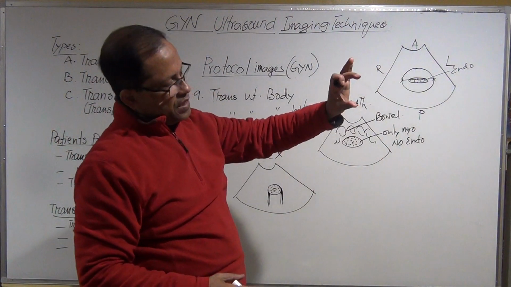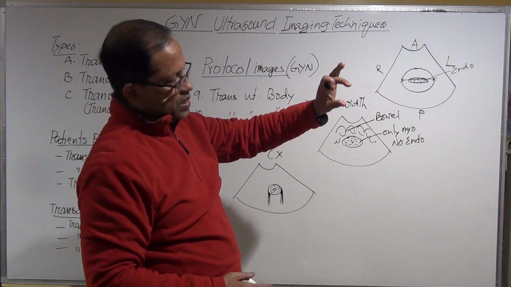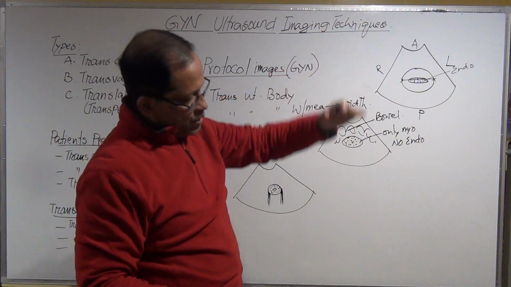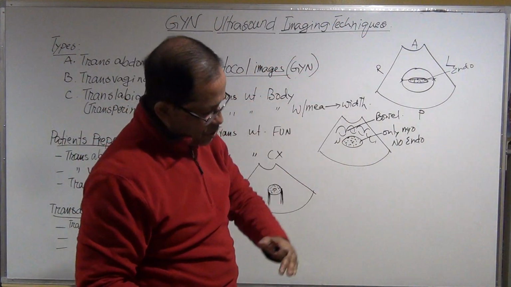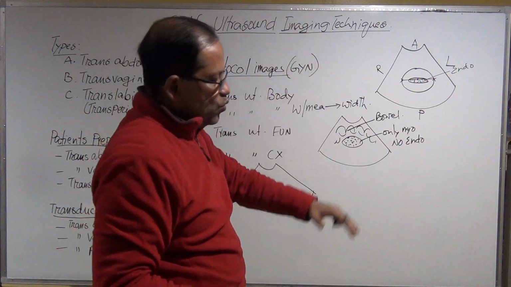Cervix is say 3 centimeter, 4 centimeter. So you have to swipe both from the isthmus to the external os, and take one picture from here.